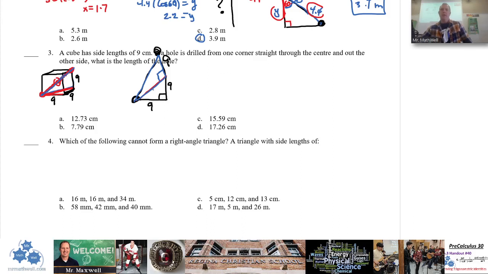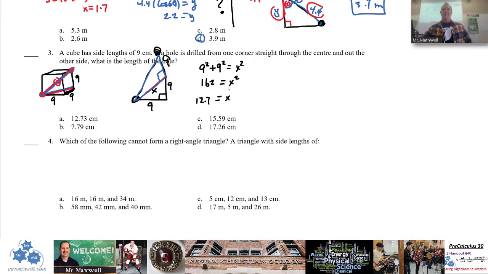So let's do Pythagoras' theorem to find out this one. So it's 9 squared plus 9 squared equals x squared. X equals, well, I won't skip any steps for you. So 81 plus 81 is 162. The square root of 162 is 12.7.